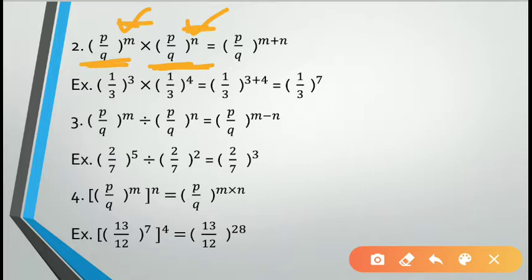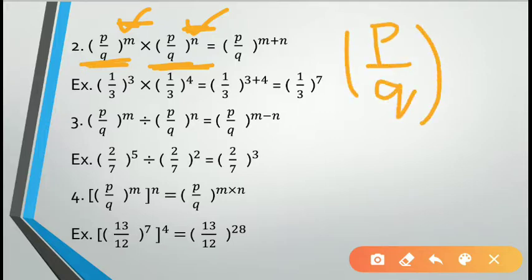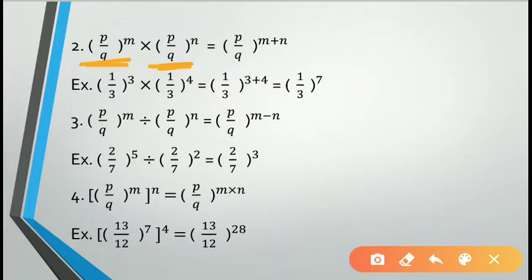So how will we write this? We will write p by q one time only, and since the base is the same, the powers will be added, that is m plus n. Here this is the base and this is the power. If the base is the same, the powers will be added.